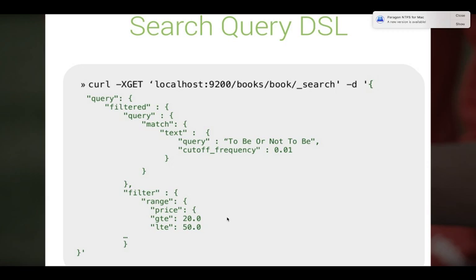So the range should come inside GTE. GTE means greater than or equal to 20.0 and less than or equal to 15.0. So this will give us the respective result which we are searching for. So this example shows how we can make a compound query using query DSL in Elasticsearch.